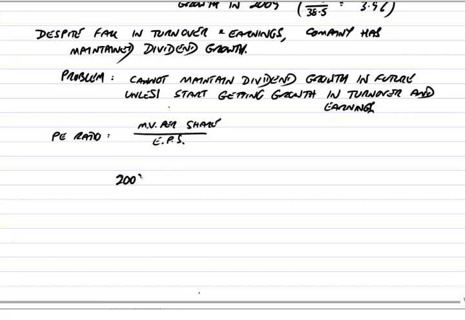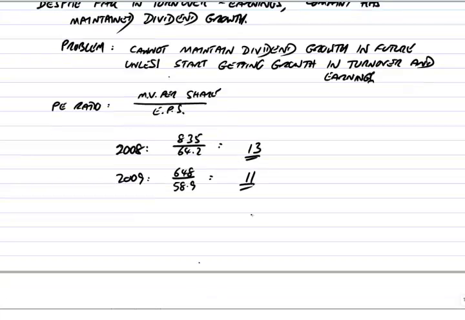Well, in 2008, and we tend to use closing market values for this, so 835 market value, earnings per share 64.2, is 13 times, whereas in 2009, market value 648, earnings 58.9. Sorry, 648 divided by 58.9. It fell to 11 times.